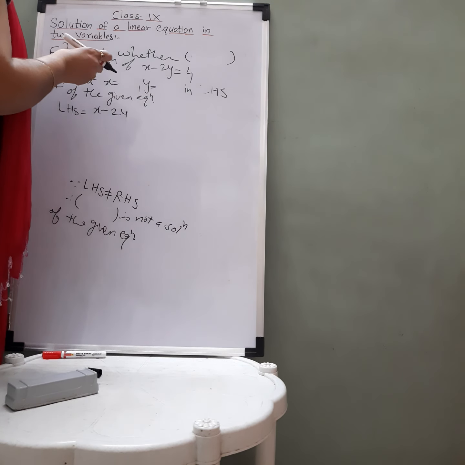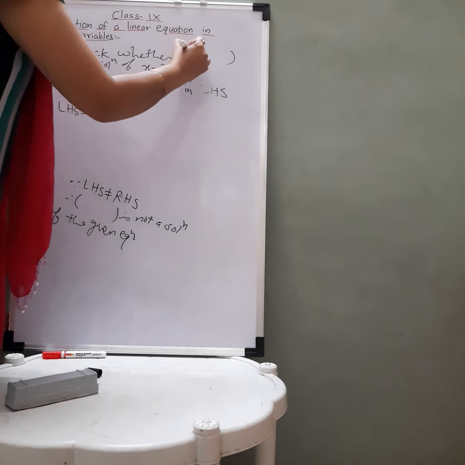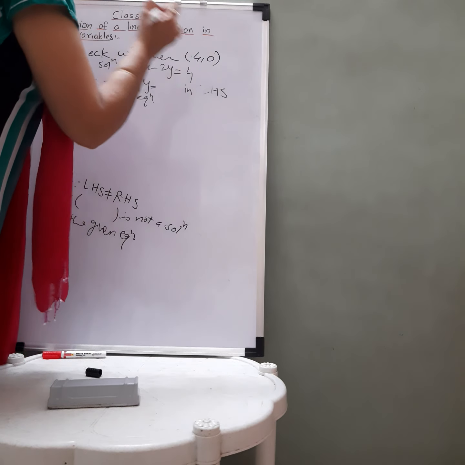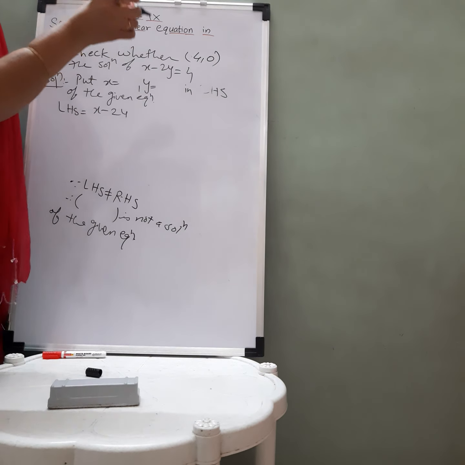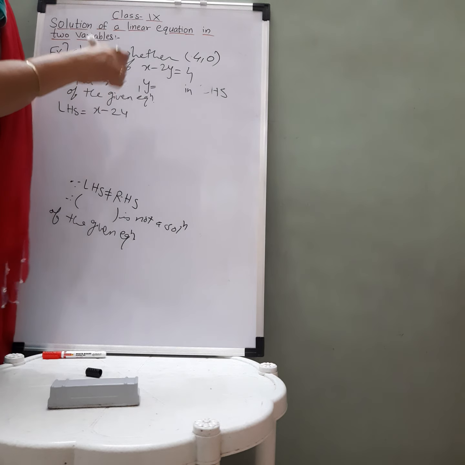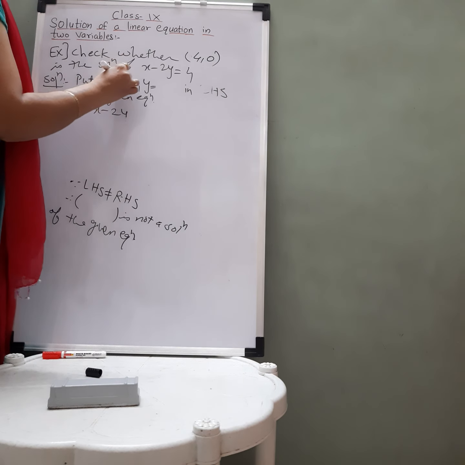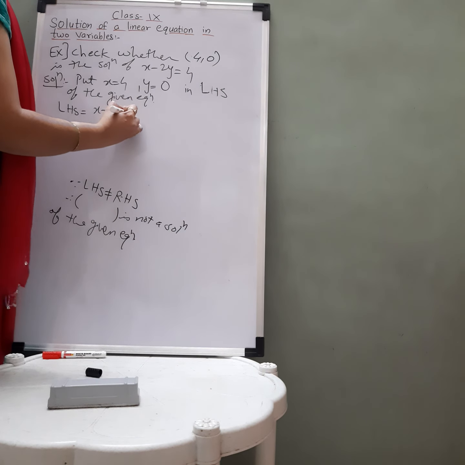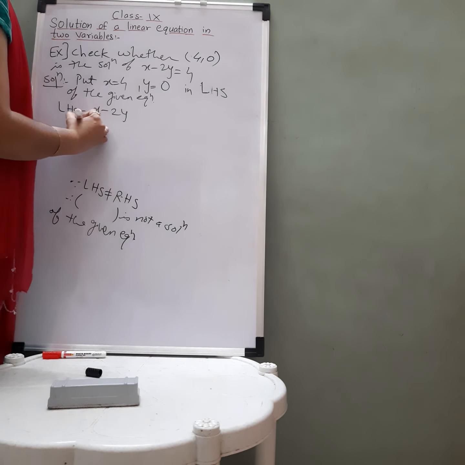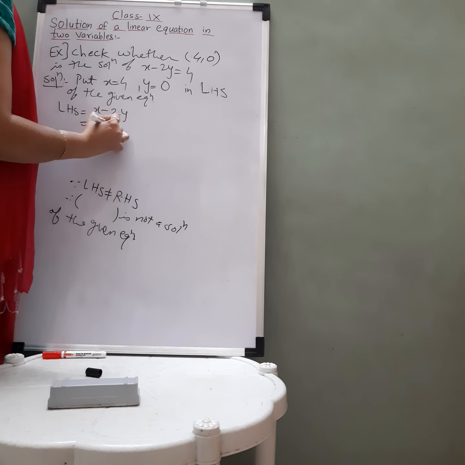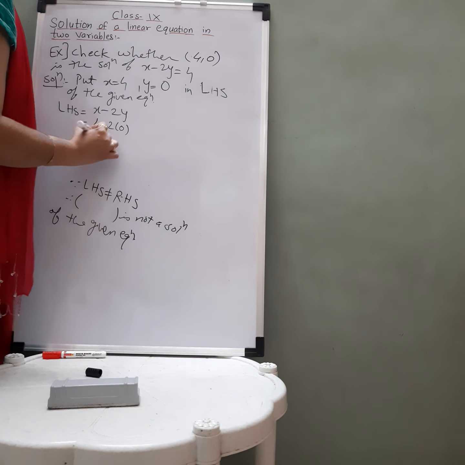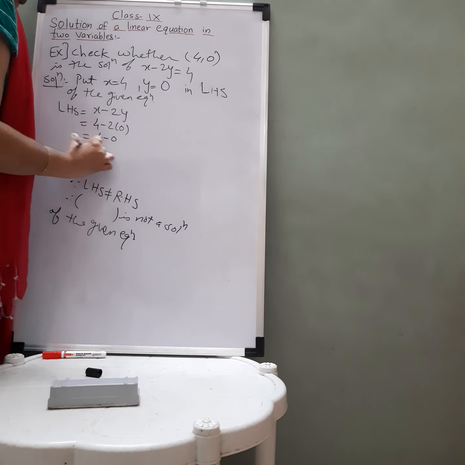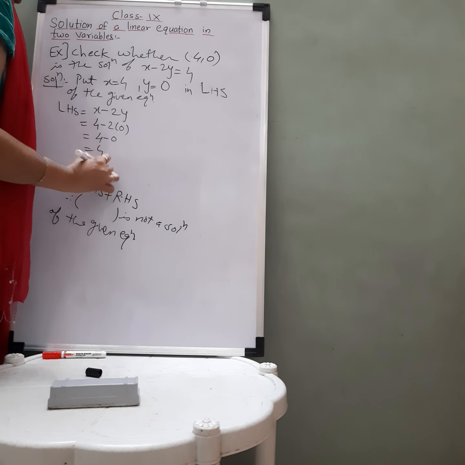So the point is 4, 0. Check whether 4, 0 is the solution of the given equation of x minus 2y is equal to 4. Again the same step, put x is equal to 4 and y is equal to 0 in the LHS of the given equation. So here LHS is x minus 2y, so we substitute it here, that is 4 minus 2 into 0, which is equal to 0, multiplied by any number is always 0, so 4 minus 0 which is equal to 4, and this is equal to RHS.